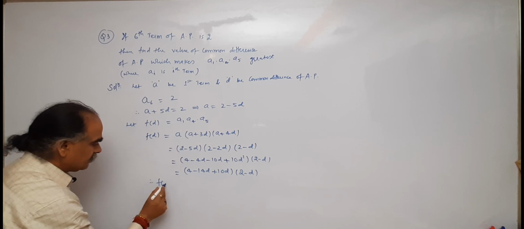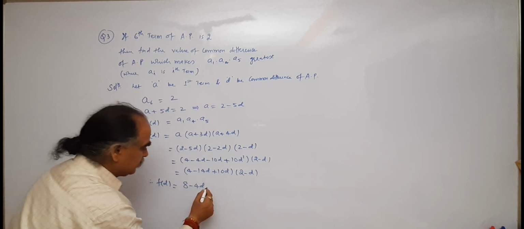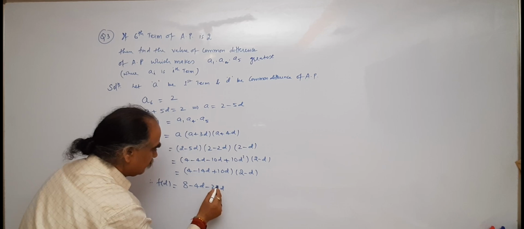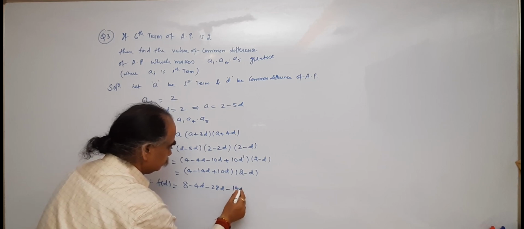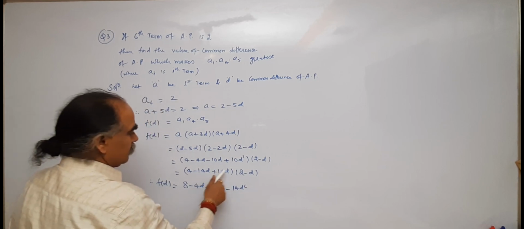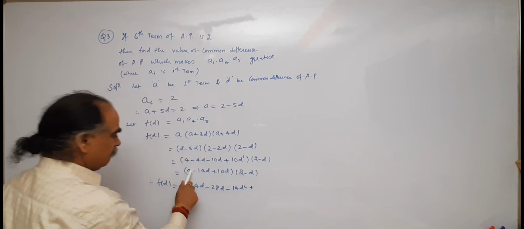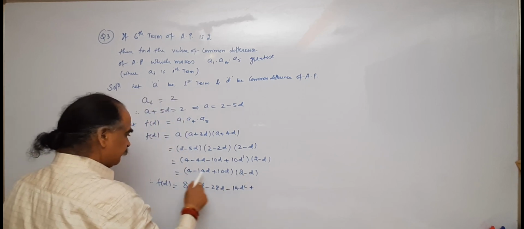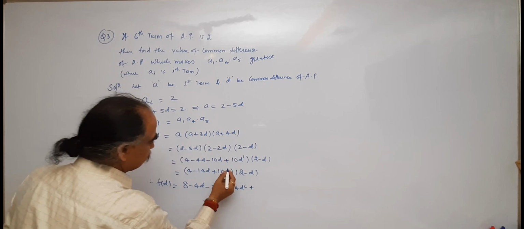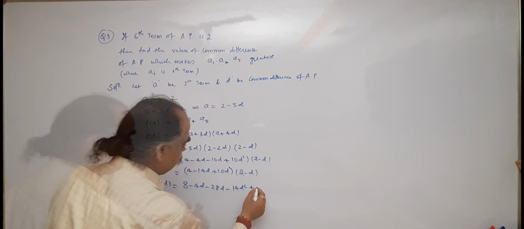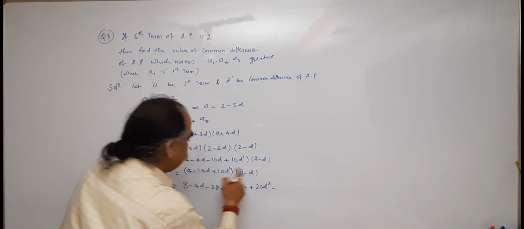Therefore, f of D is what? 4 into 2, 8 minus 4D minus 28D plus 14D square, minus 14D, and this is D square, so plus 20D square, minus 10D cube.